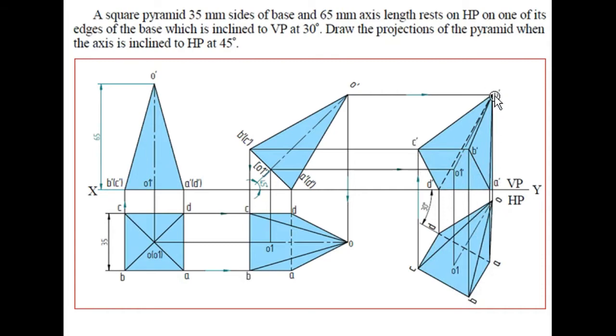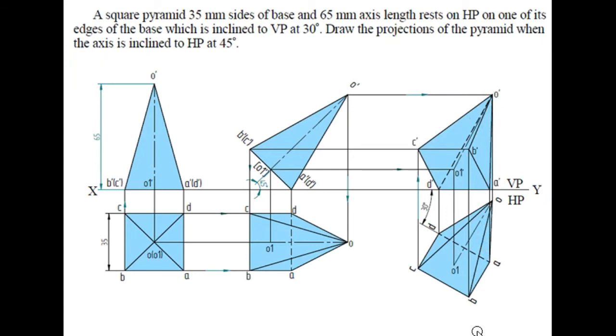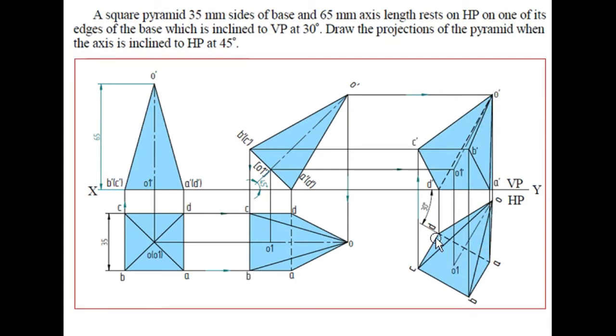So from point O, all the corners will be connected, except you can see here when I view from this direction, D is the farthest corner point of the base, right? So from D point, whatever the line that is joining to O will be shown in hidden.